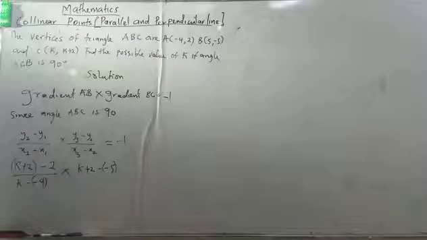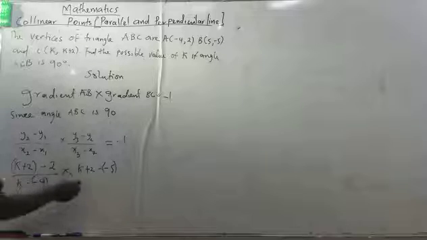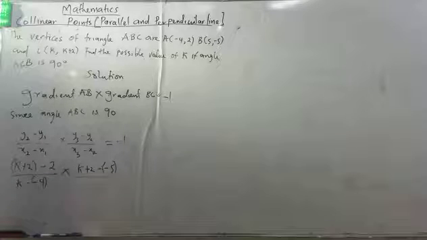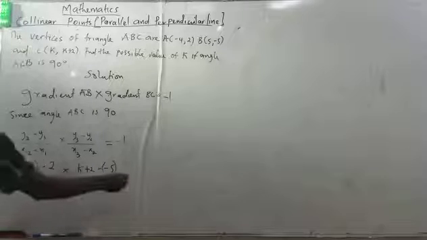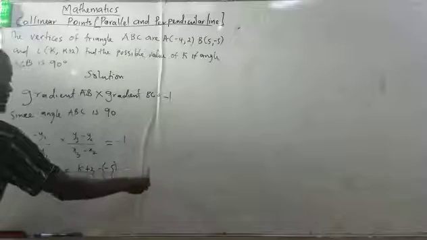Okay, y3, y2. Now divide by k minus 5 equals to minus 1.